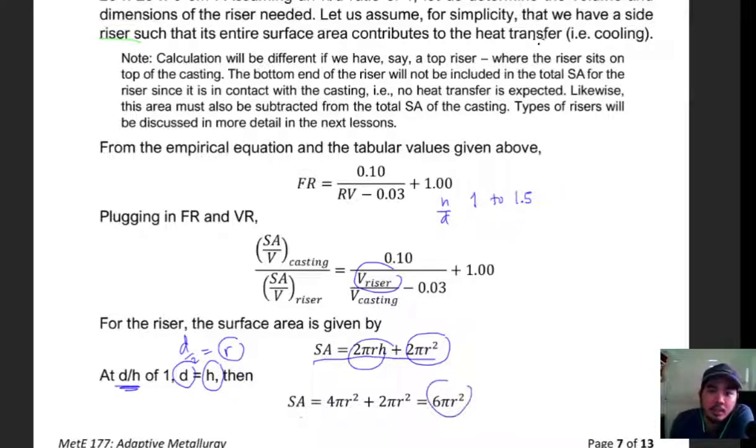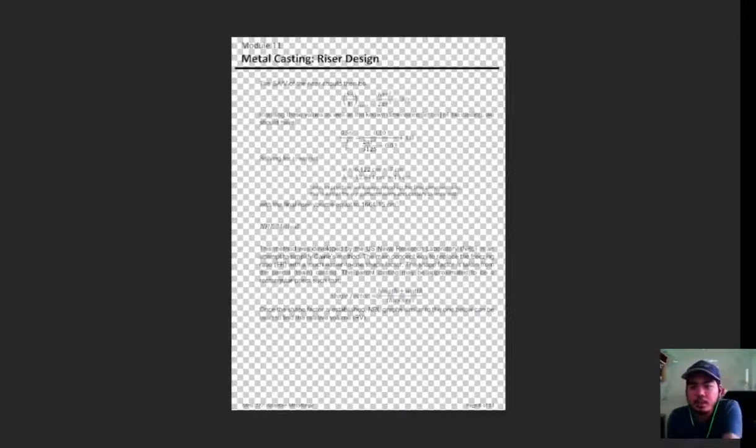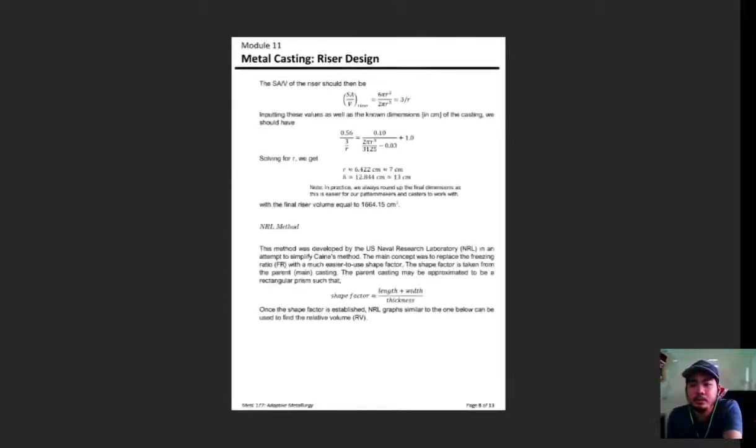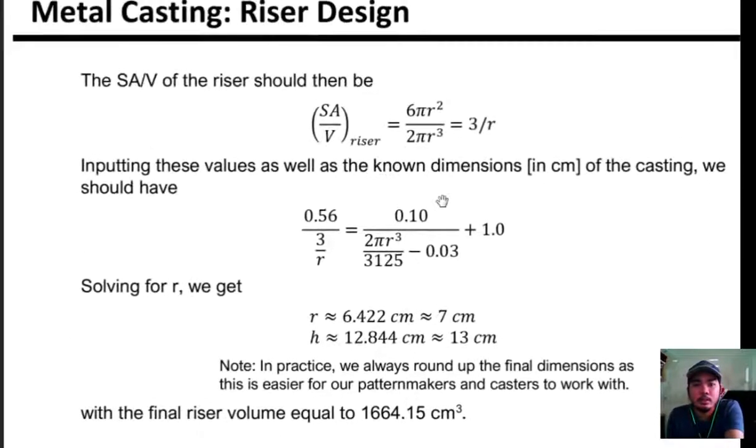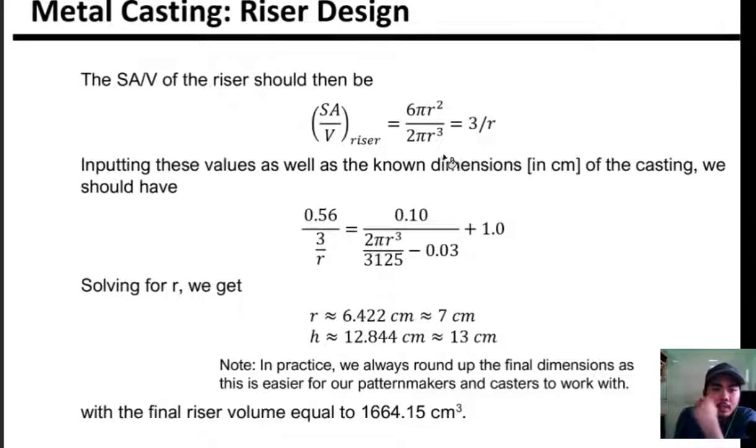Magiging 6 pi r squared lang siya. Tapos si surface area over volume, then therefore ang volume kasi ng isang riser is just 2 pi r cube. So we get 3 over r. Ito yung magiging surface area over volume ng riser.